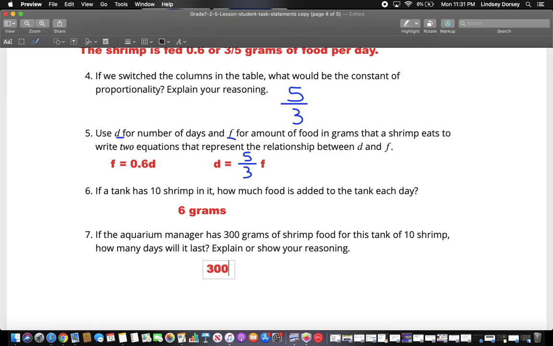Okay, so you'd want to do 300 divided by 6, which will give you 50. So the aquarium manager can feed his shrimp for 50 days.